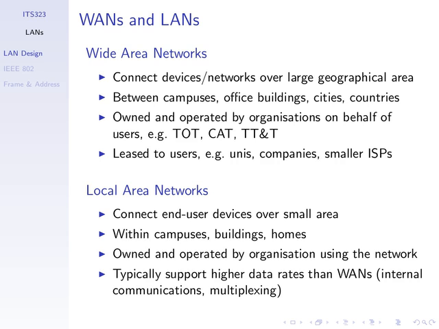Wide area networks don't necessarily connect end user devices. That is, my PC may not directly connect to a wide area network. My PC may connect to a local area network, and then a packet switch in my local area network may then connect onto the wide area network. So sometimes the end users don't directly connect to wide area networks.